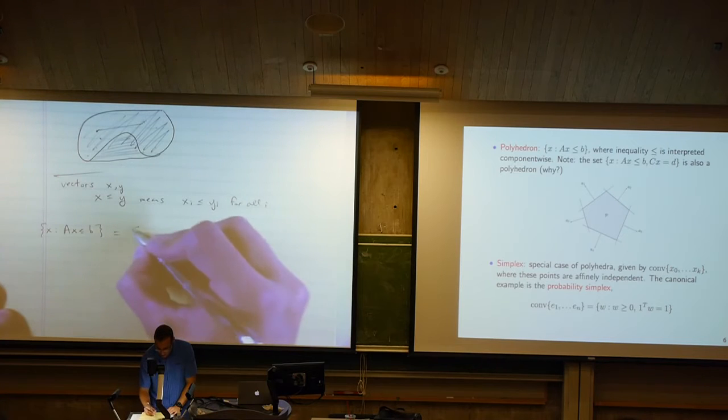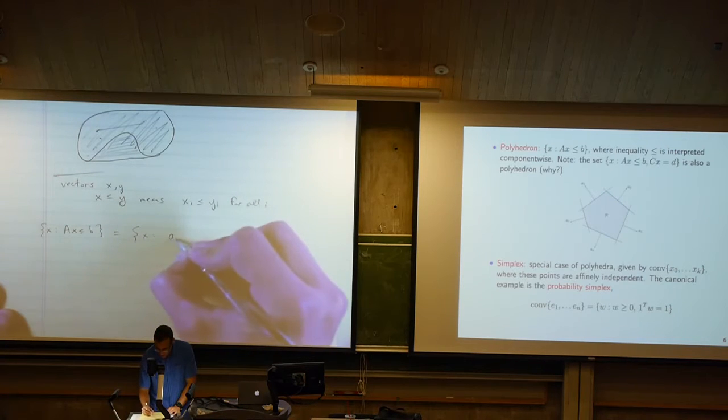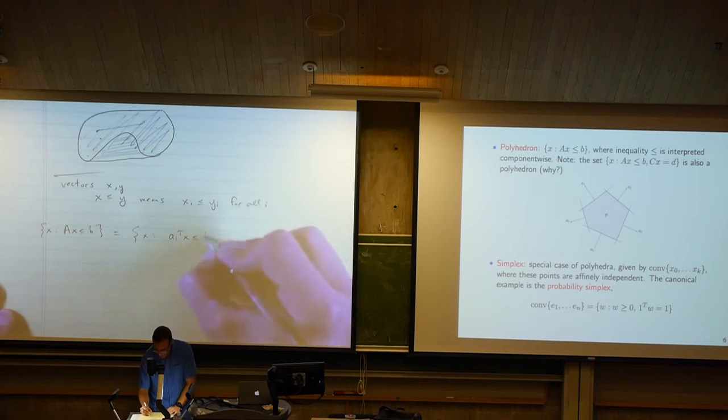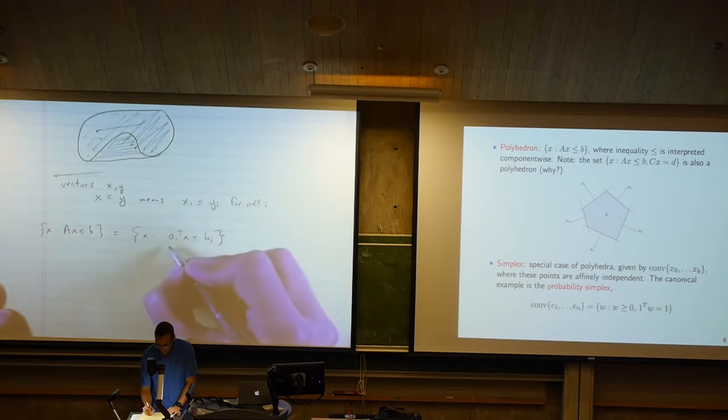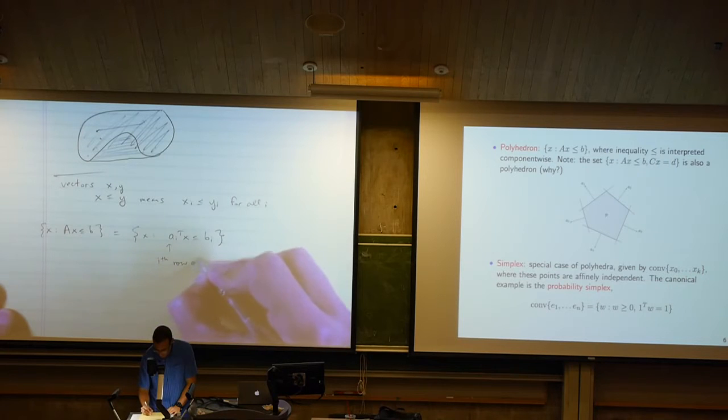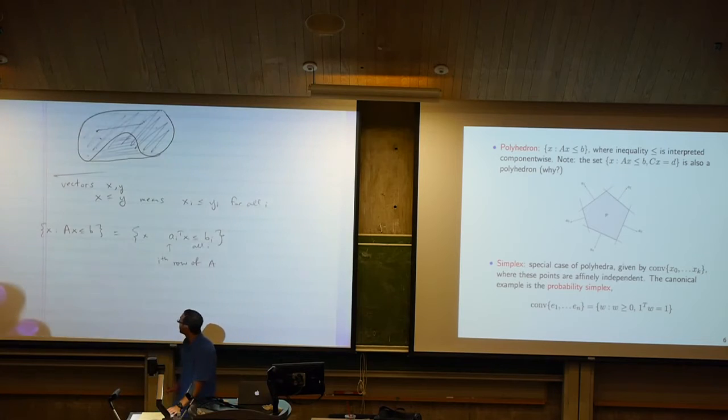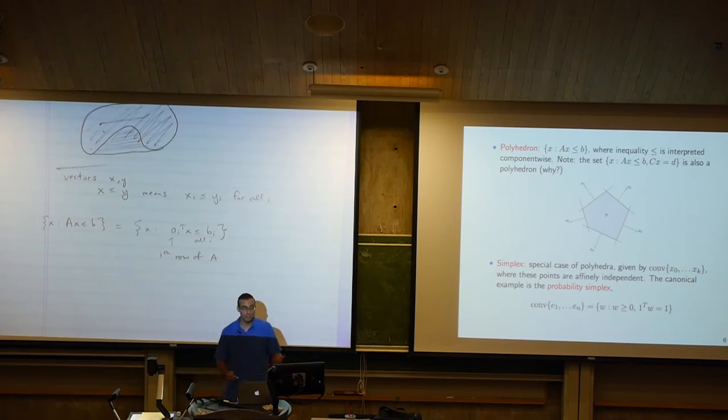We can also write that as the set of all x for which ai transpose x is less than or equal to bi, where ai is the ith row of A, for all i. Okay? That's another way to write it.